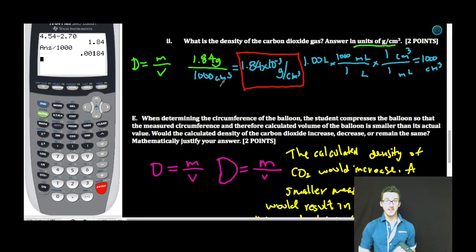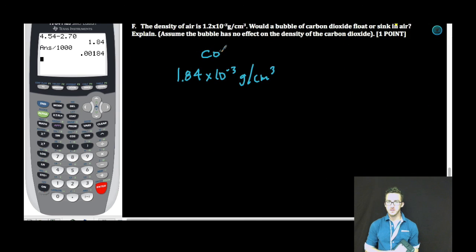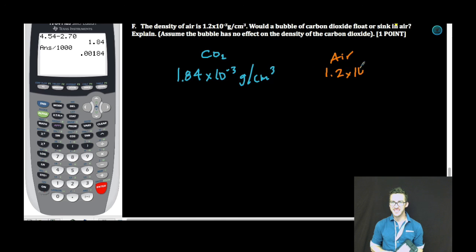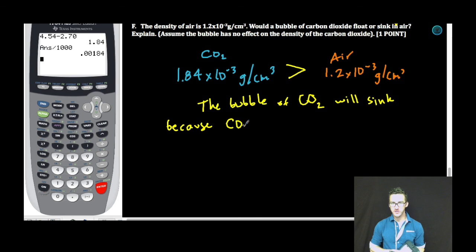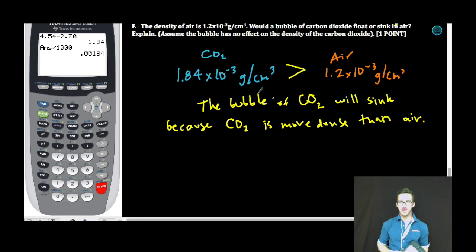We solved for the density of carbon dioxide gas to be 1.84 times 10 to the minus 3 grams per cubic centimeter. Air has a density of 1.2 times 10 to the minus 3 grams per cubic centimeter. Density of CO2 is greater than the density of air. The bubble of CO2 will sink because CO2 is more dense than air. Boom! And we are done.